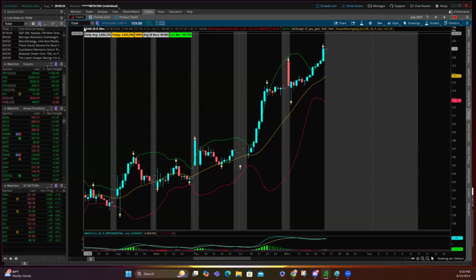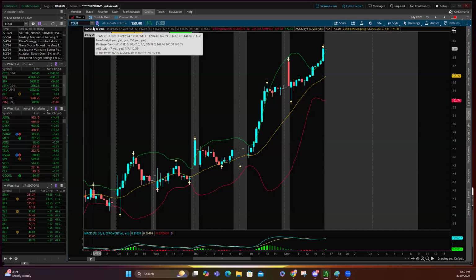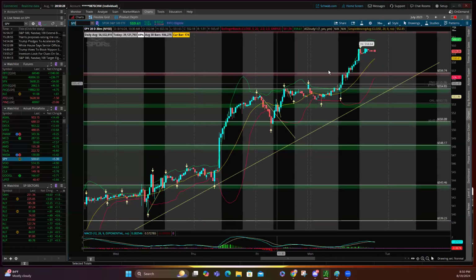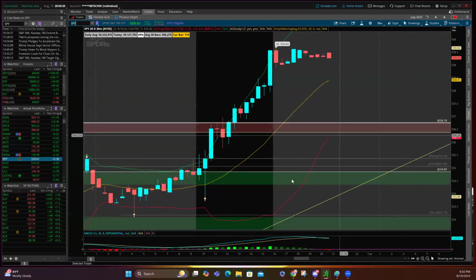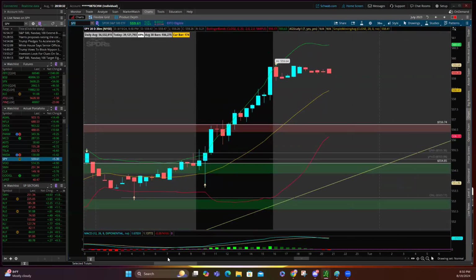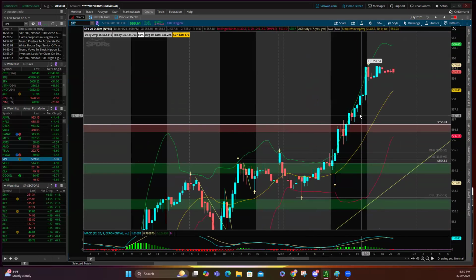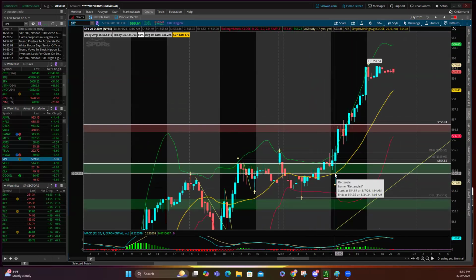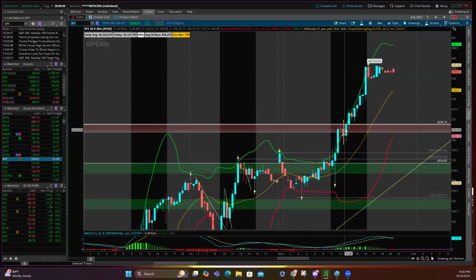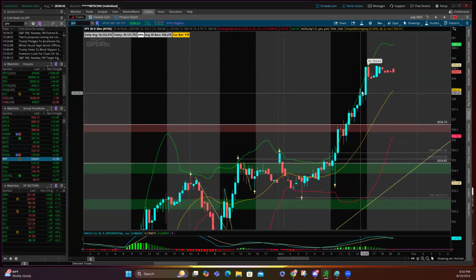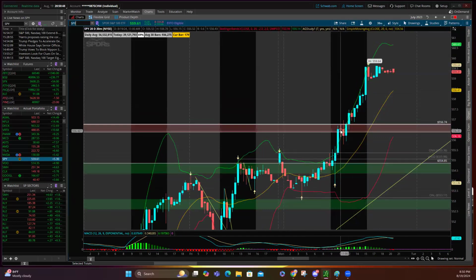Beautiful, beautiful thing. SPY on the 5 minutes. Look at how SPY played out today, on the third. If we were playing the 30 minutes on a bigger time frame, look at what the chart tells me. Break up here out of the middle of my 20 daily SMA and just up until here. This is the first time I need to get out, because it's the first time that I'm oversold, besides this one.